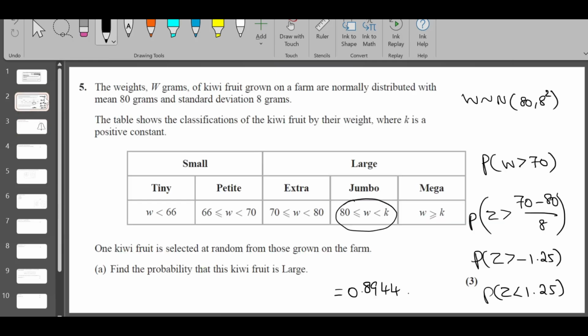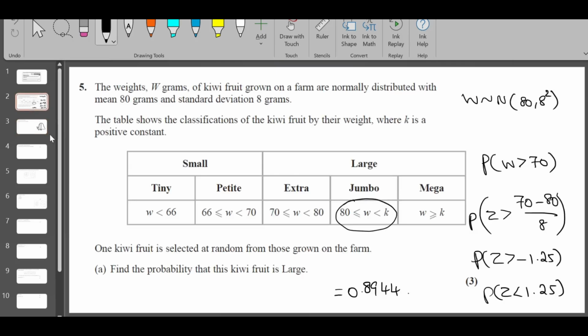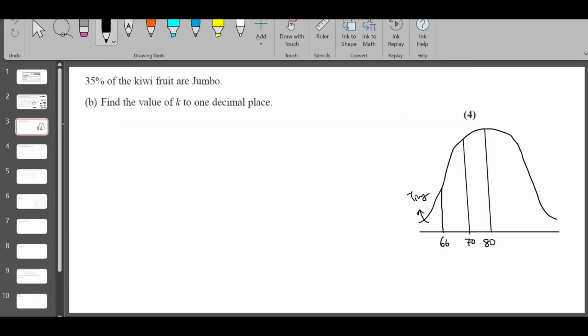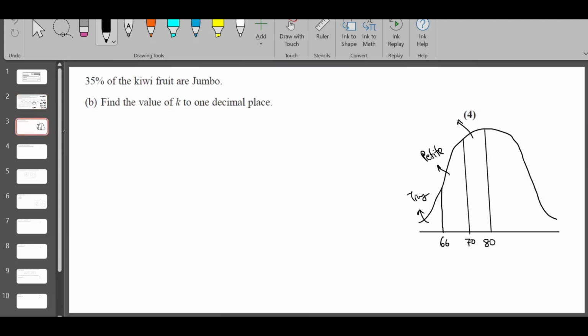And then below 66 is tiny. So let's say 66 is here. This is considered tiny. 66 to 70, that's petite. And then 70 to 80, that's extra.